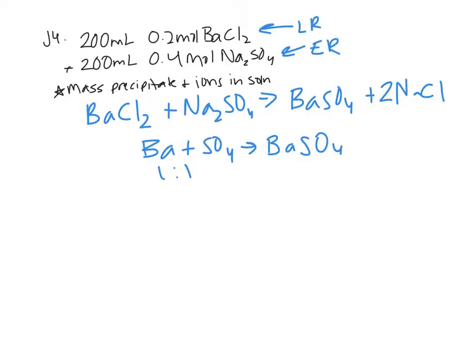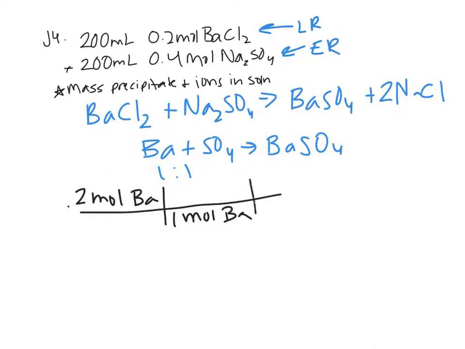For the limiting reactant, if I have 0.2 moles of barium, then I'm going to make 0.2 moles of barium sulfate. But we can do this in the stoichiometry setup. We're going to convert from barium to barium sulfate to grams. You'll notice that for precipitation, sometimes it's easier to just work from the net ionic equation, not the full equation. So that's 1 mole of barium sulfate, and 1 mole of this for how many grams of barium sulfate.